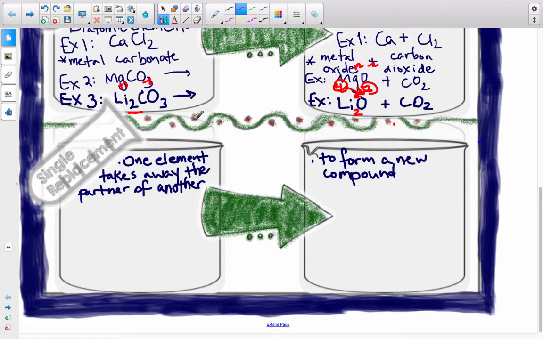This doesn't always happen. First of all, it's important to note that metals replace metals. And of course, nonmetals can only replace nonmetals.